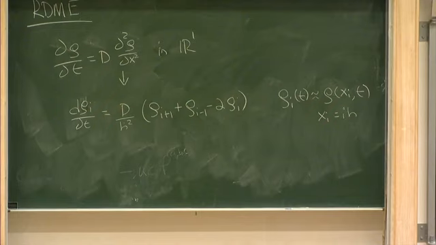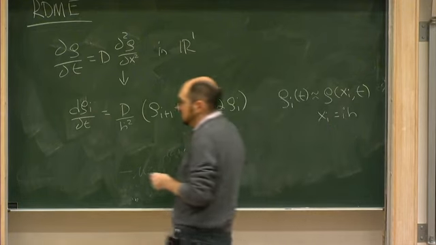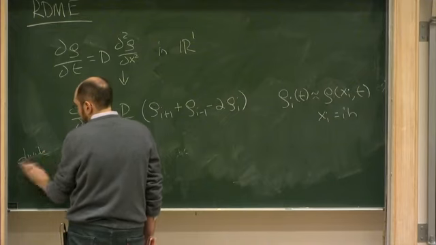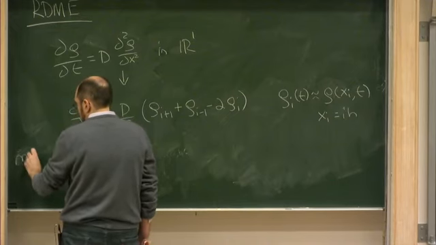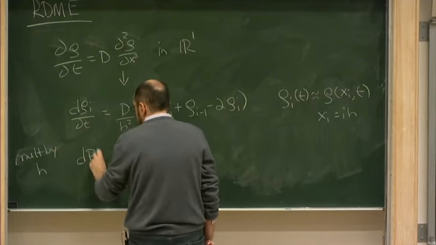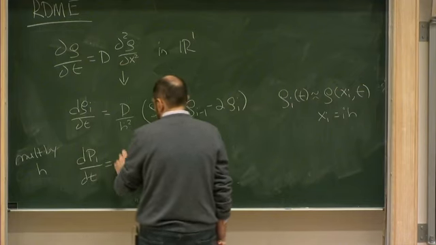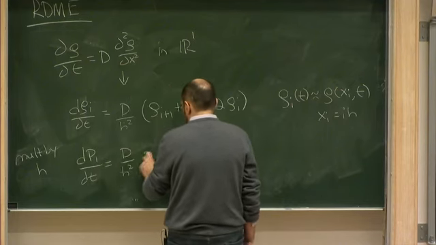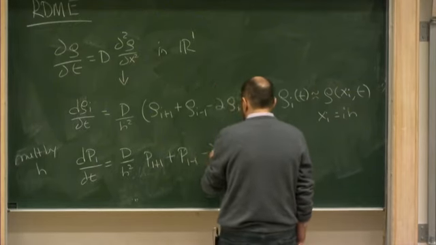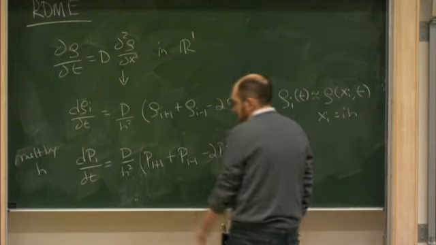And then with just a simple rescaling, I can convert from density to probability. So if I multiply by h, I get d p_i/dt is D over h squared, p_{i+1} plus p_{i-1} minus 2 p_i.